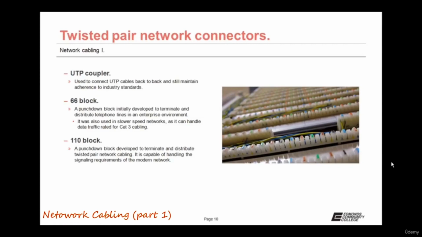So you might still see it for telephony, but it's getting a little bit harder to find it. It was also used in slower speed networks as it can handle data traffic that's rated for Cat3 cabling. Much more likely you'll find a 110 block. Now this is a punch-down block that was developed to terminate and distribute twisted pair network cabling. It's capable of handling the signaling requirements of the modern network.